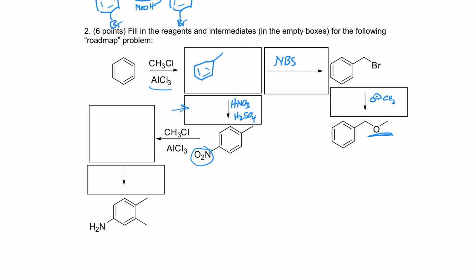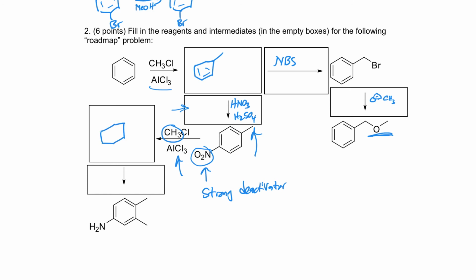And then it looks like another Friedel-Crafts alkylation. After 5 years of this quiz sitting around, I'm not sure this will work anymore because the Friedel-Crafts alkylation needs to go on a moderately activated ring or anything that's not strongly deactivated. And we have a strong deactivator right here. Let's pretend that this moderate activator or weak activator is enough to counteract the strong deactivator effect.